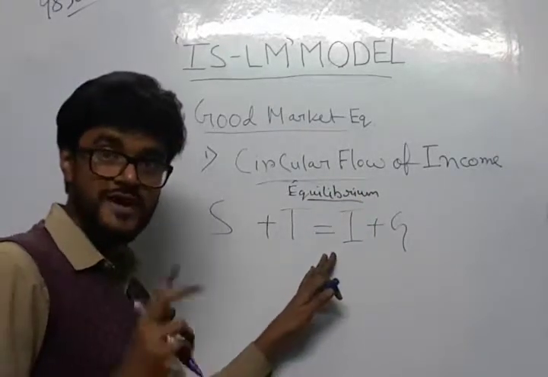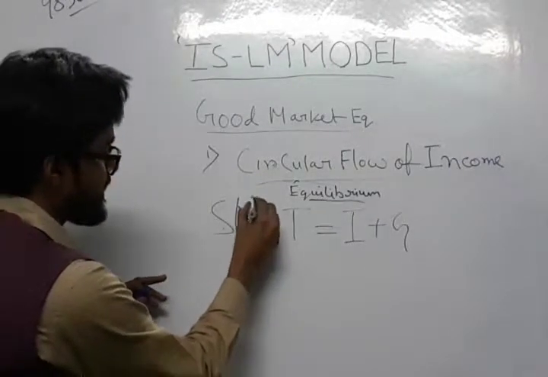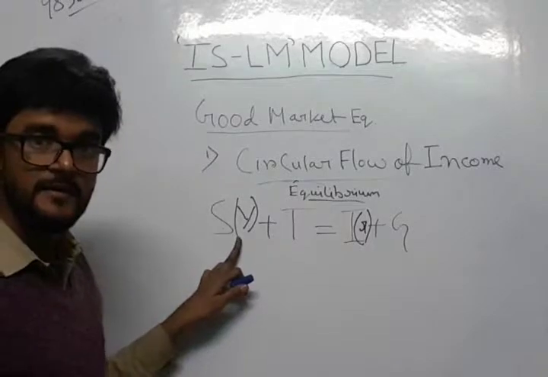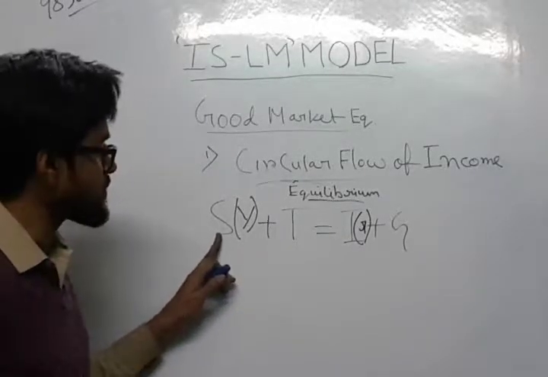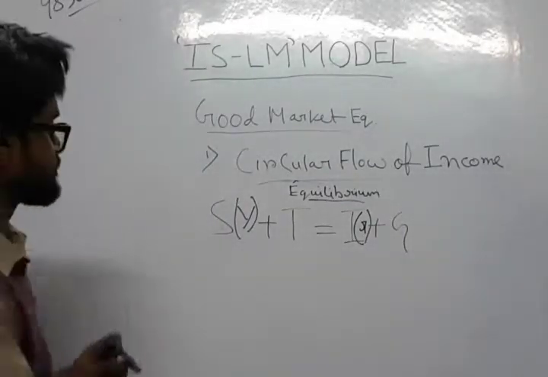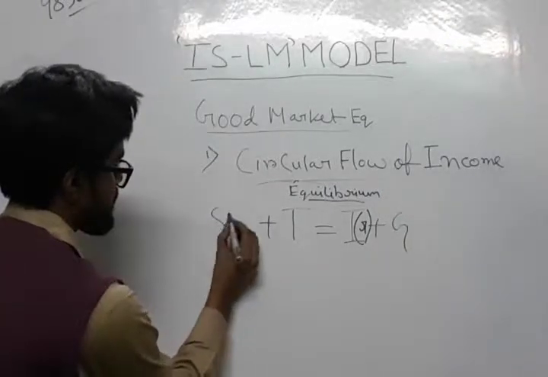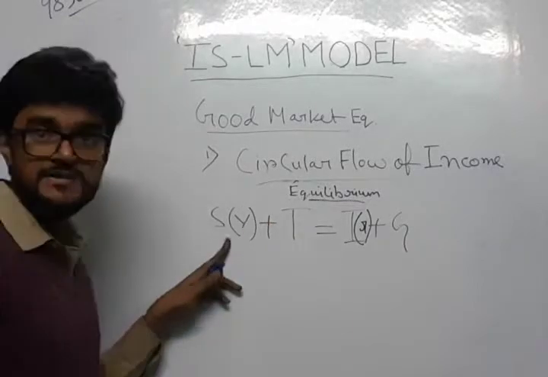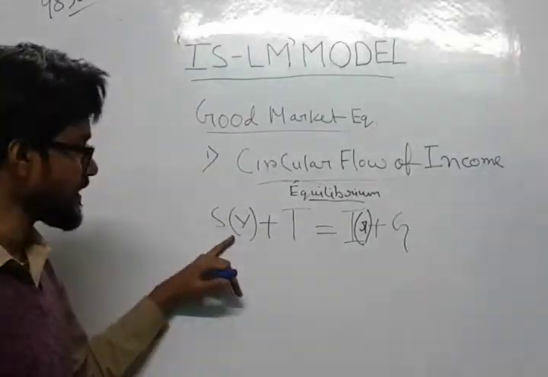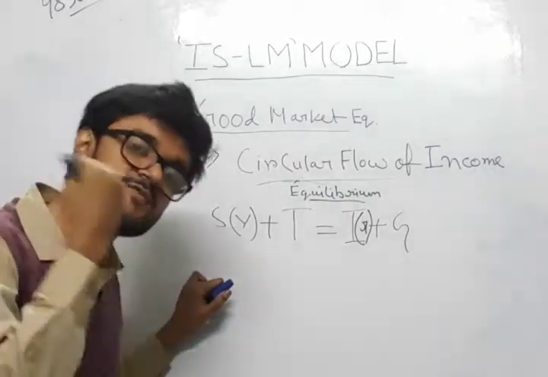Okay, now here we have to understand what is the relationship between S and Y, and what is the relationship between I and R. That is, S depends on the variable Y. How? See, if income increases, it is quite expected the consumption will increase and also the saving will increase.